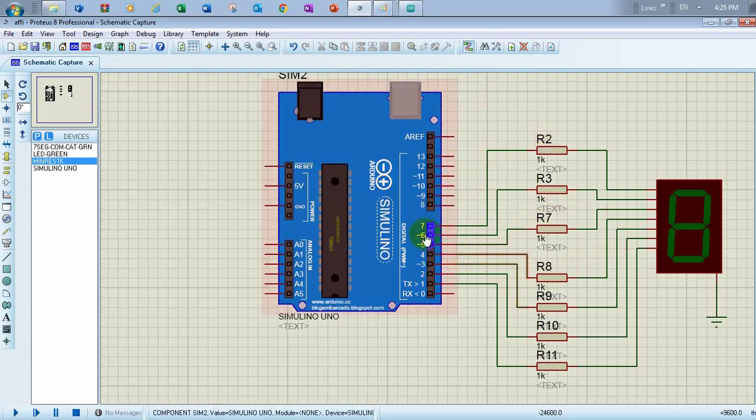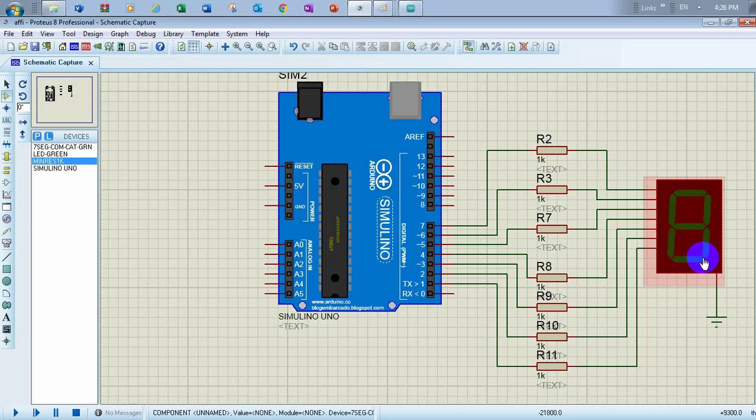So for the programming, we are going to write a program for this 7-segment display to design numbers in order, 0, 1, 2, 3, 4, 5, 6, 7, 8, 9.